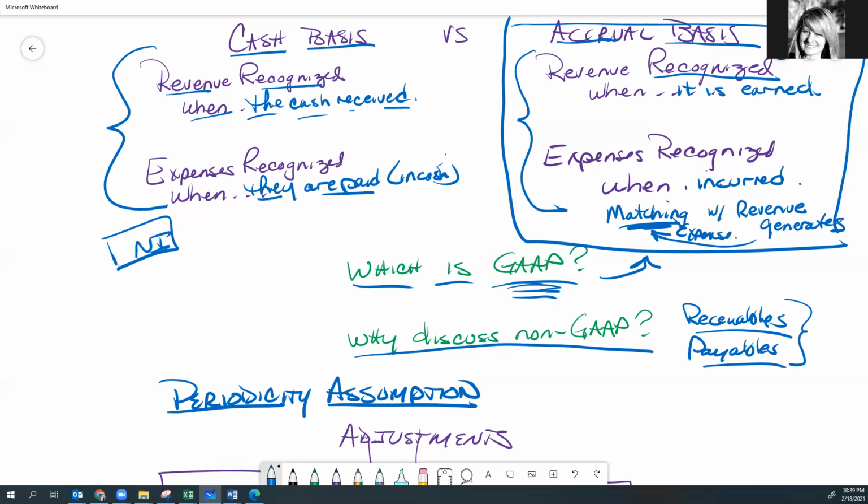So if your investor or your creditor requires audited financial statements, then you need to convert to the accrual basis of accounting, because they will not accept the cash basis, especially if those receivables and payables are material. So you need to record on the accrual basis of accounting.